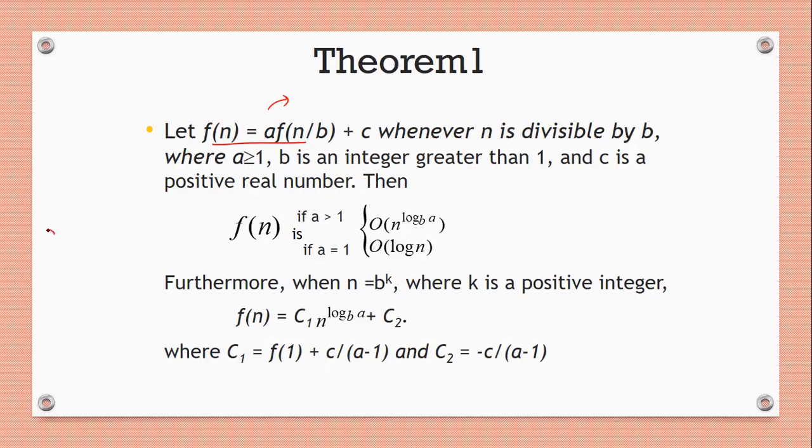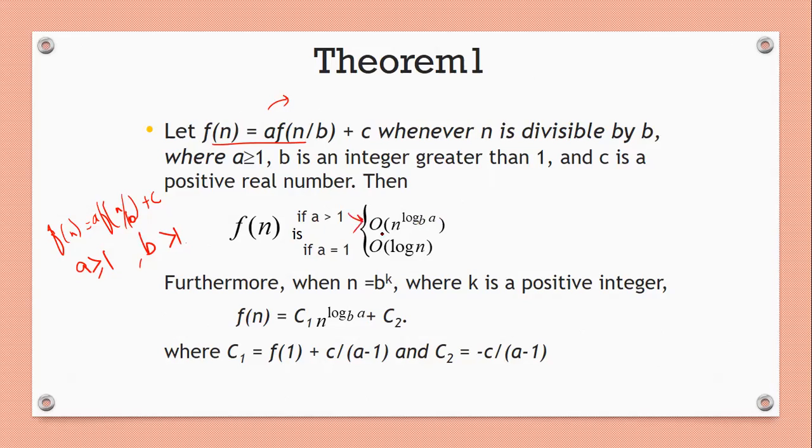That is, if f of n is equal to a into f of n by b plus c, this is a recurrence relation, and a should be always greater than or equal to 1 and b should be greater than 1, and if c is some positive real number, then f of n is, if a is greater than 1, the time complexity will be order of n power log a to the base b.